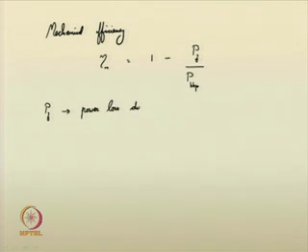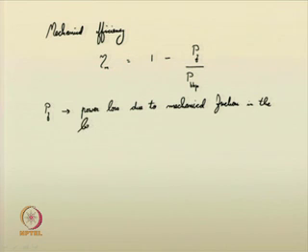This is nothing but equal to 1 minus Pf by P BHP, where we are now suggesting Pf is the power loss due to mechanical friction in the bearings and mechanical systems.